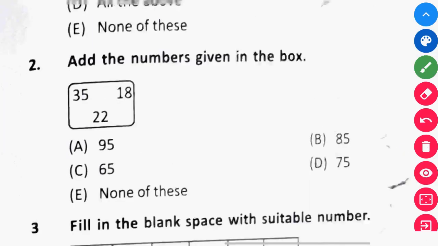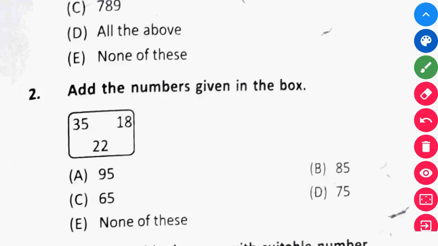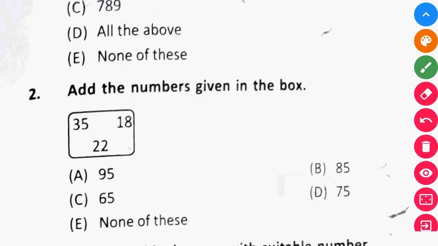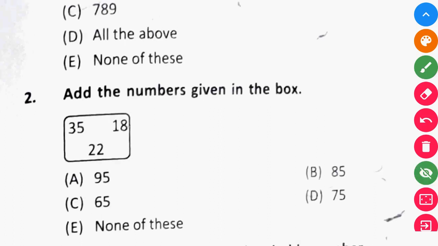Understood? Now you have to just add the numbers given in the box. You can add all 3 numbers together, or you can first add two numbers and then add the third number to that, or you can directly add all 3 numbers together by writing one below another.